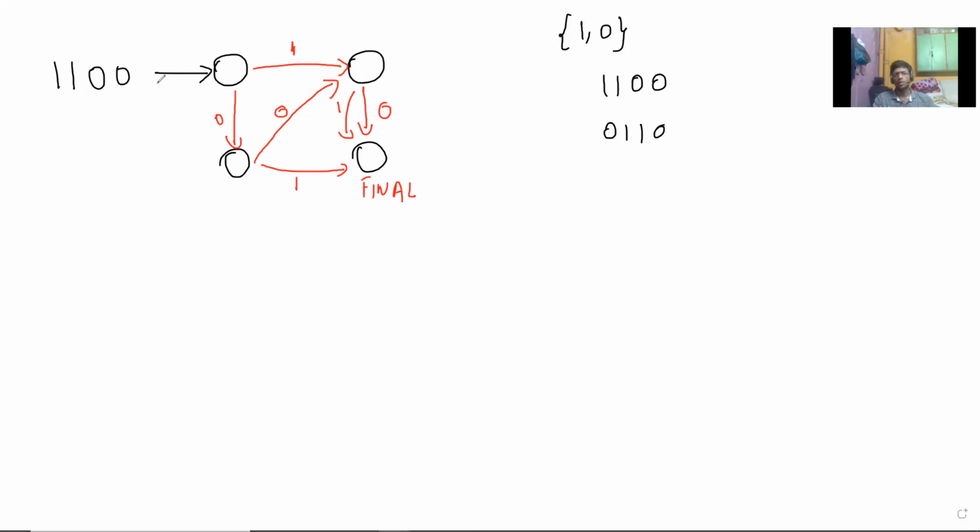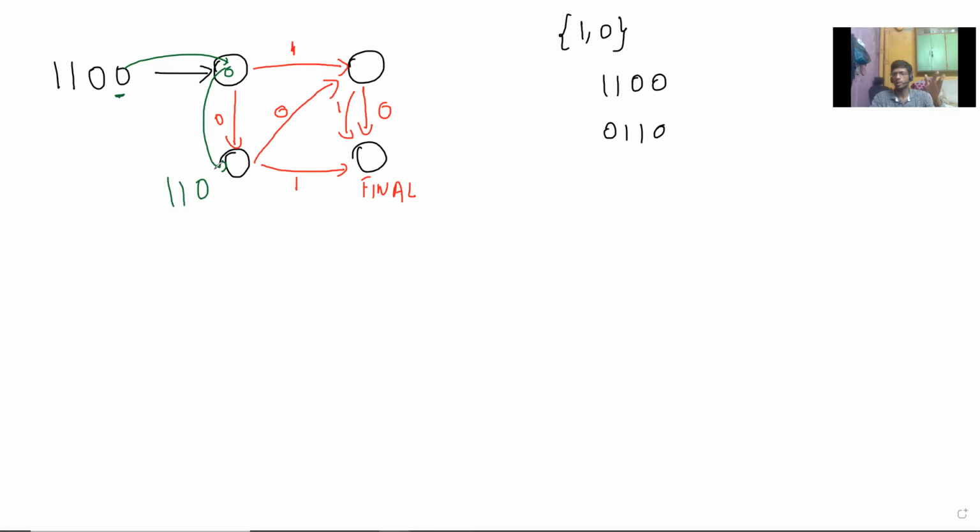From right to left. When it scans this 0, this is the first input. The 0 goes in, and the arrow tells you which state it will go to. Since I've seen a 0, my state comes here.